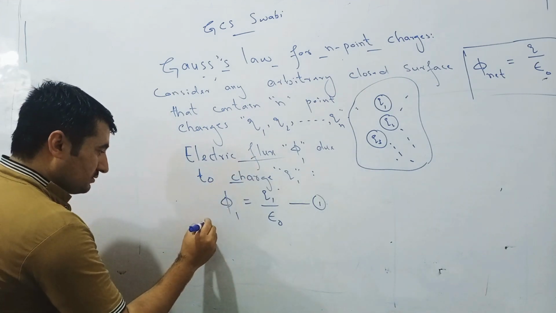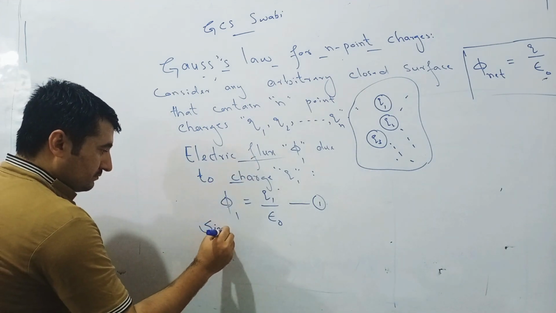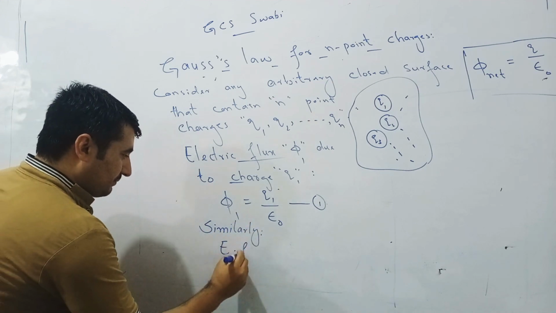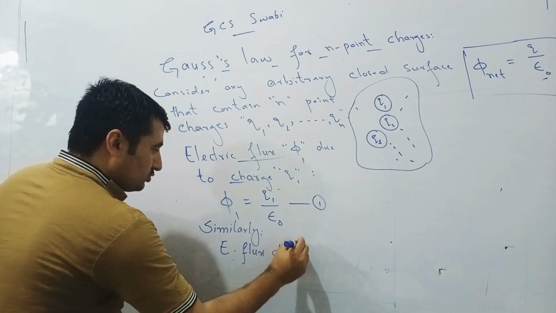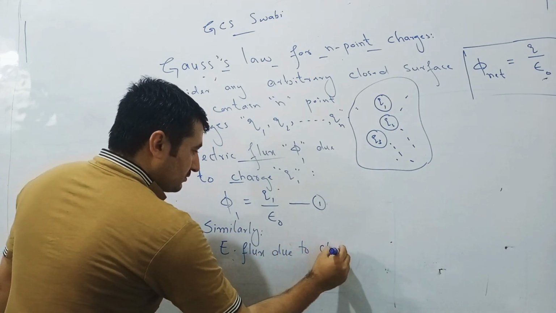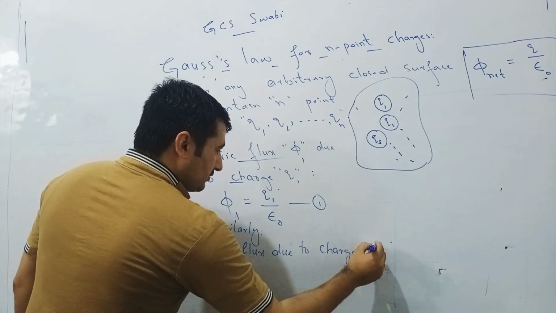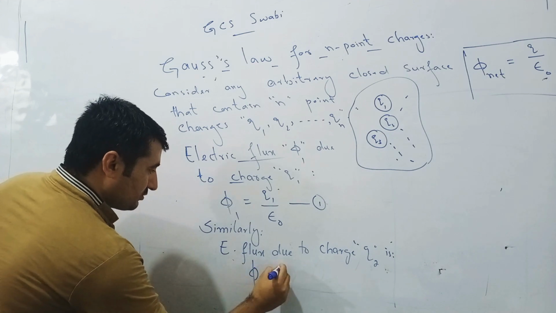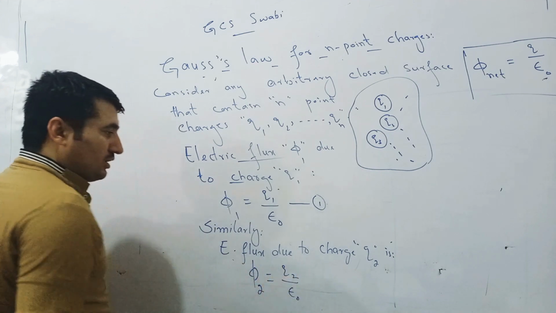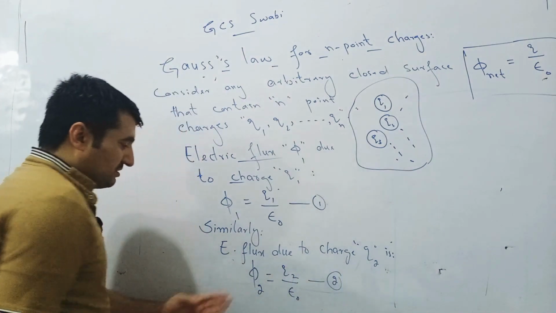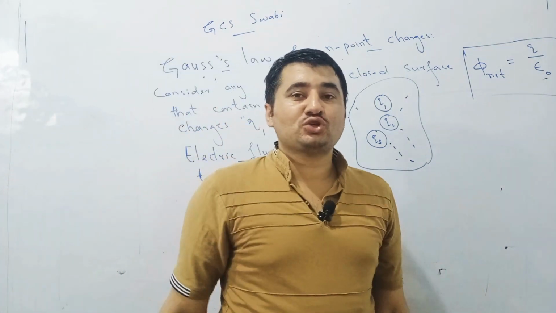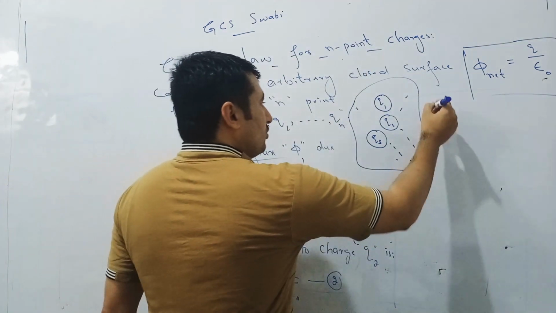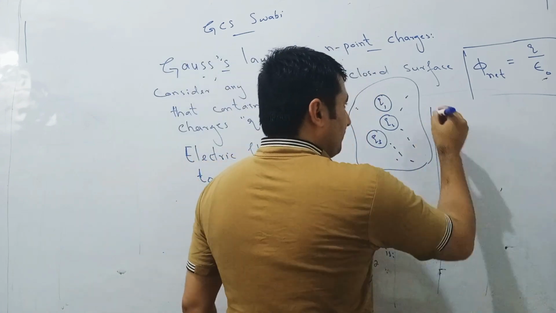Similarly, the electric flux due to charge Q2 is flux phi 2, that is equal to Q2 by epsilon naught. This is equation 2. Similarly, the flux due to charge 3 is Q3 by epsilon naught. So what will the net flux, the total flux, be?